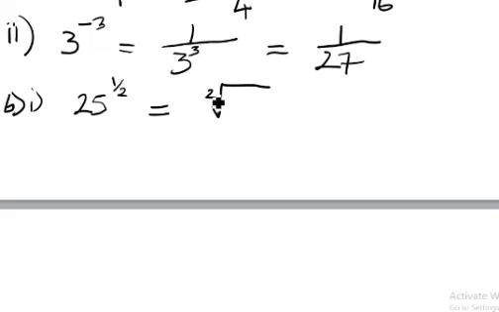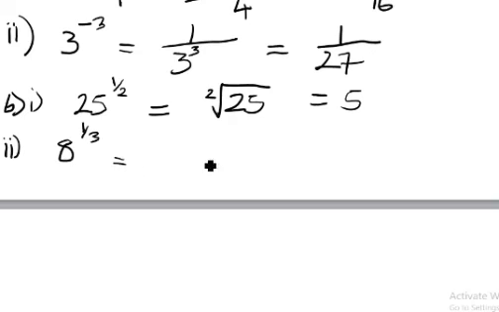Instead of writing that, you can skip this, or you can write it to make it more clear. 25 raised to the power half gives you the square root of 25, which is 5. Now another example, if you have 8 raised to the power 1 over 3, this will give you the cube root of 8, which will give me 2.